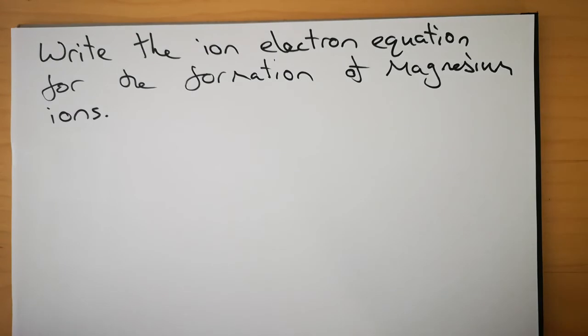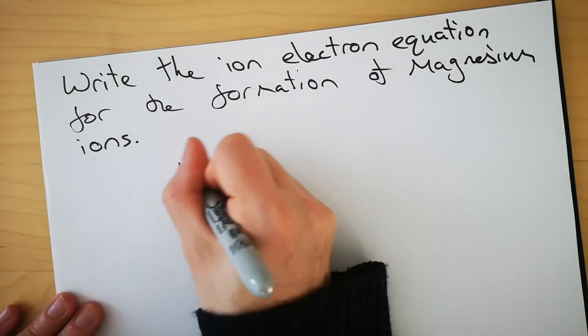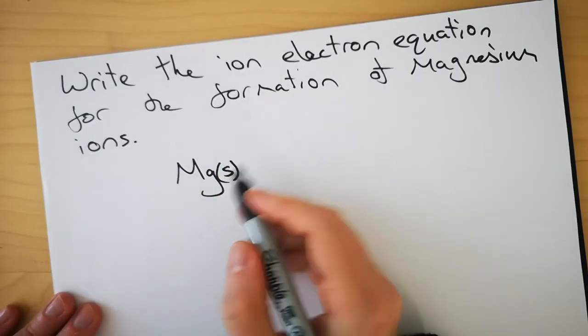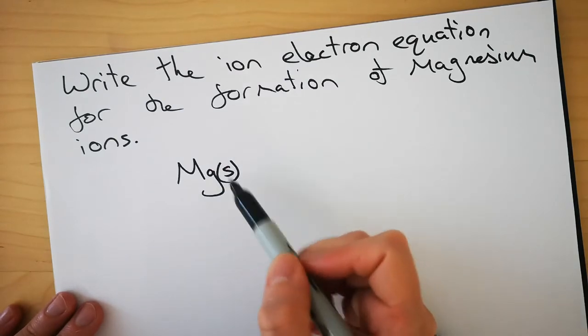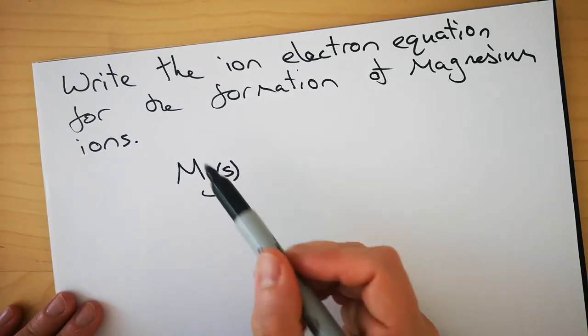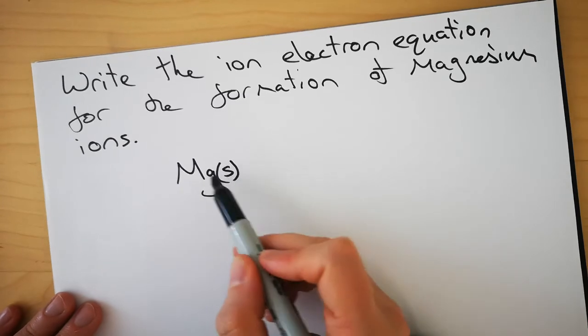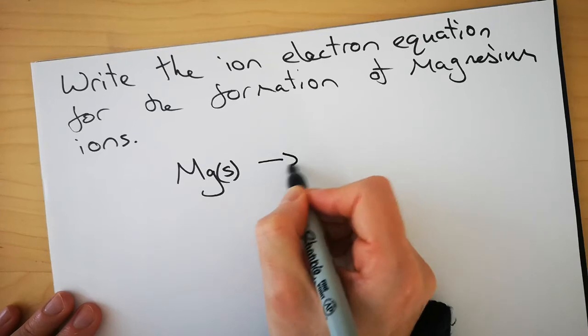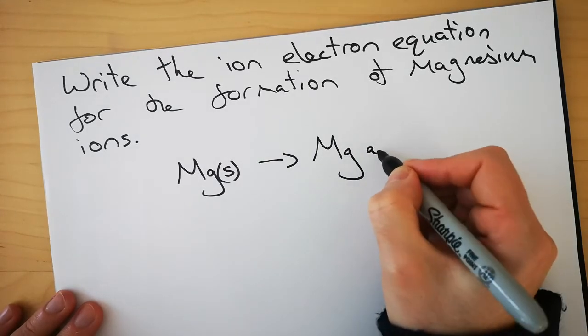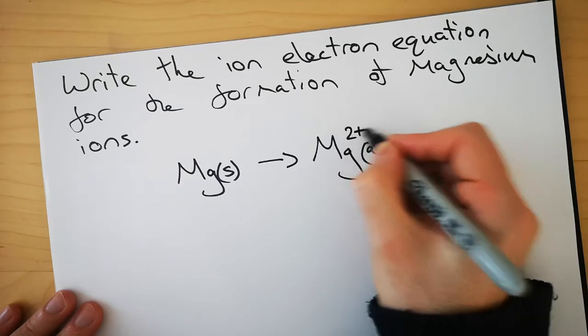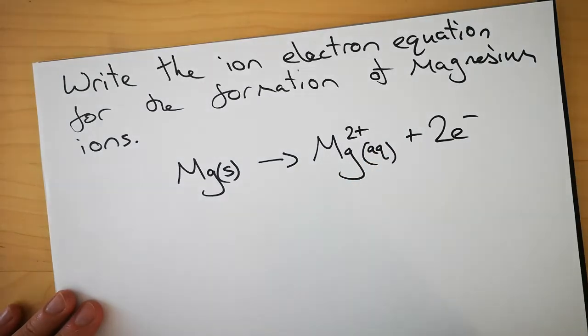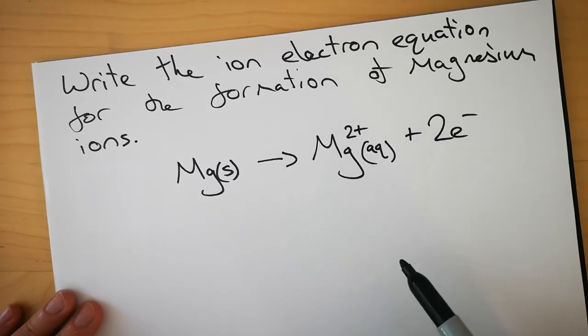Now, the first thing I would do is check my data booklet, and I would see that magnesium's in group 2, which means it's going to be losing 2 electrons to form its ion. So I'm going to start off with magnesium solid. Now, that's our state symbol. We'll come on to those a lot more when we do the equations later on. But that's my solid magnesium. I'm going to get Mg, and it's probably going to be aqueous, 2 positive plus 2e negative. And those are my 2 electrons coming off there, and my magnesium 2 positive ion.